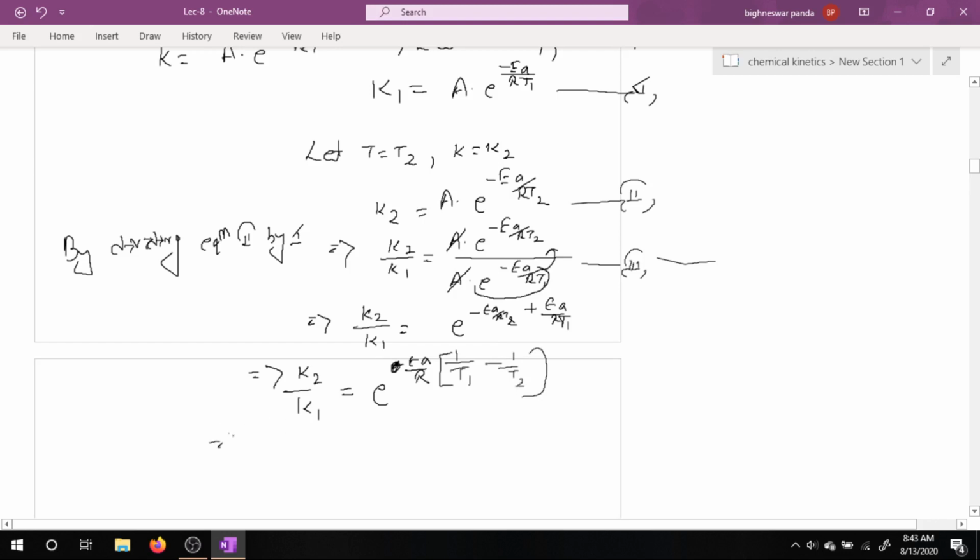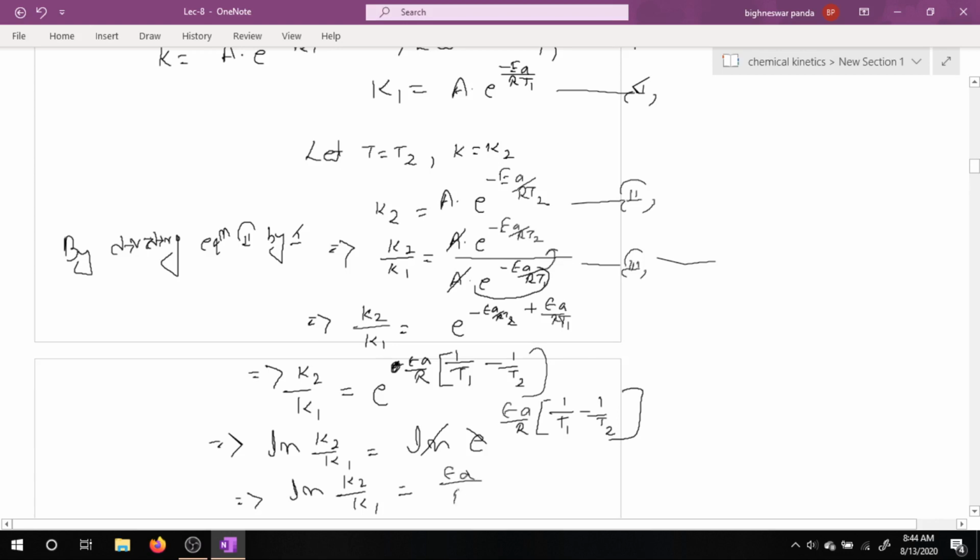On taking ln on both sides, ln and e cancel each other, so we get ln(k2/k1) = (Ea/R)(1/T1 - 1/T2).